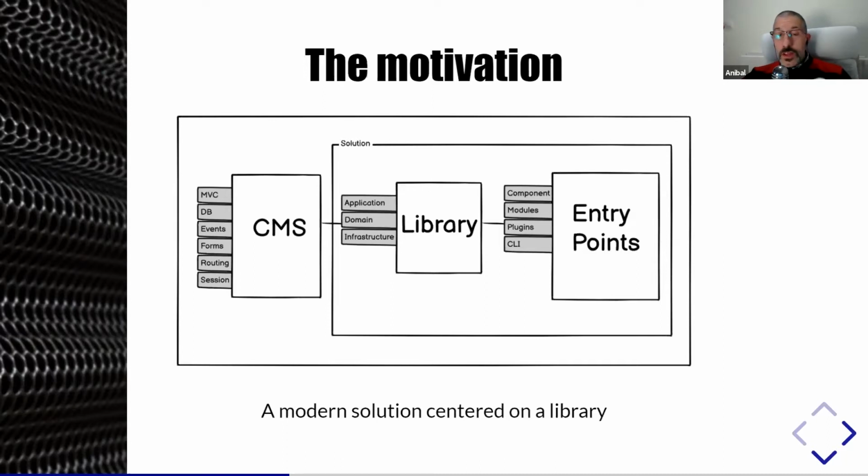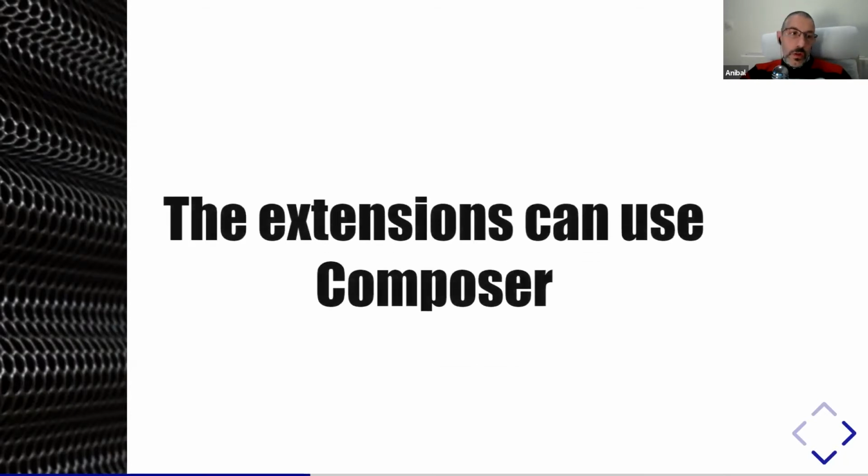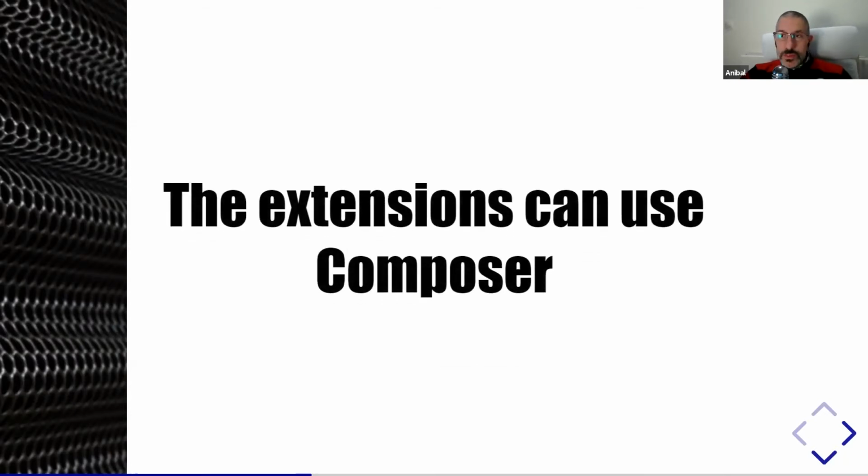And the library itself has its own life cycle, so you can test and develop the library separately from the CMS. So the idea of this presentation is that we are free to use Composer libraries in our Joomla extensions. And in the following slides, I'm going to present the different use cases of Composer on Joomla.